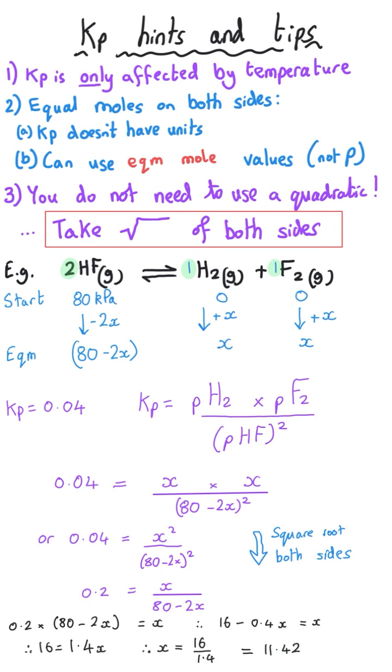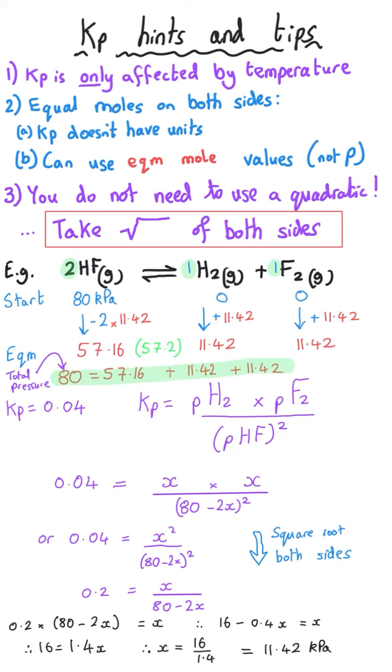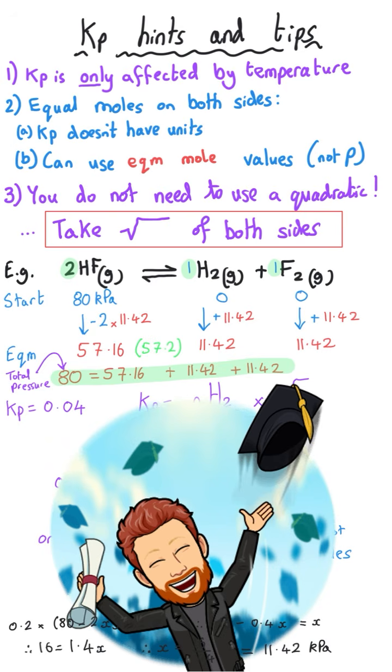And this is the partial pressure of hydrogen and fluorine at equilibrium. And so we can adjust our calculations from higher up the page now. And then that means that the partial pressure for hydrogen fluoride at equilibrium is 80 minus 11.42 multiplied by 2, which is 57.2.